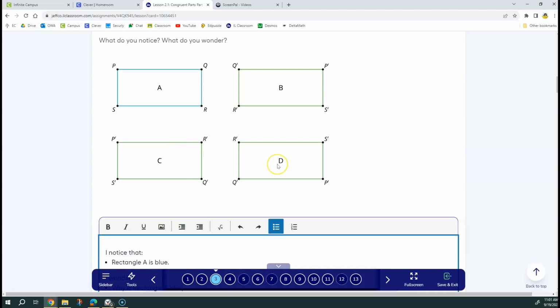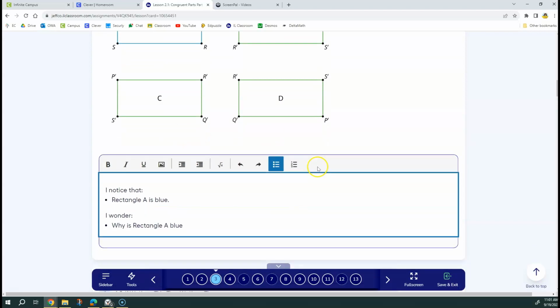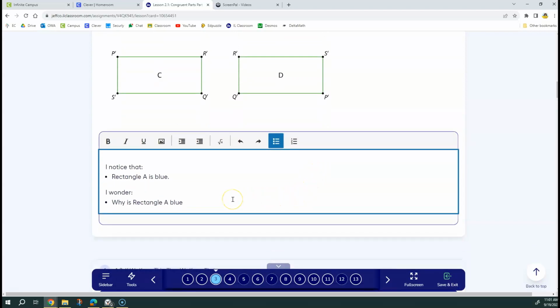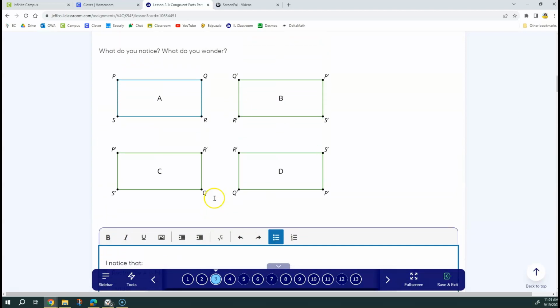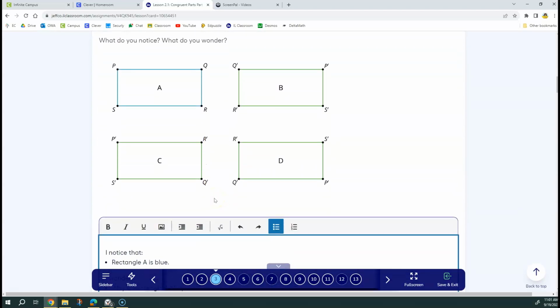So that is something I wonder about as well. Even though it looks like they're the same rectangle, and it looks like B, C, and D are perhaps transformations of rectangle A, the letters seem to be in different spots. You can have as many noticings and wonderings as you want. You need to have at least one notice and one wonder typed into your text box here.